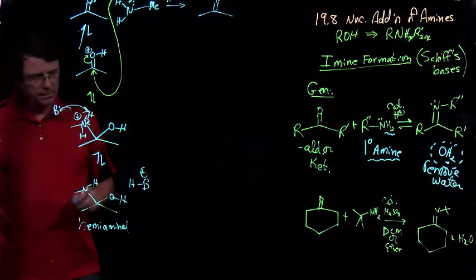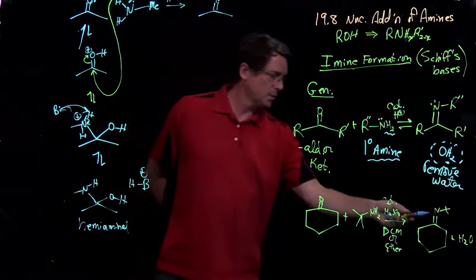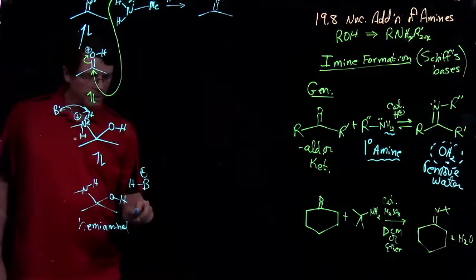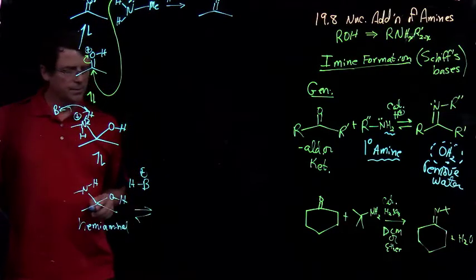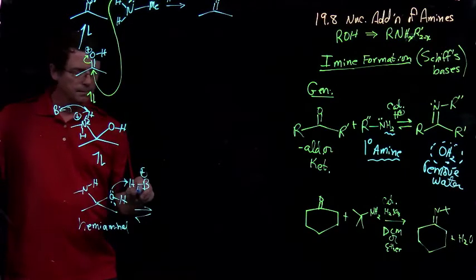So what do we need to do now? We need to get that proton over to oxygen, because we need the oxygen, of course, to go away to make the carbon-nitrogen double bond. So again, a reaction that is reversible. We have the lone pairs on oxygen, we can protonate.